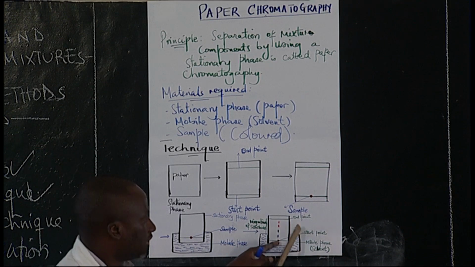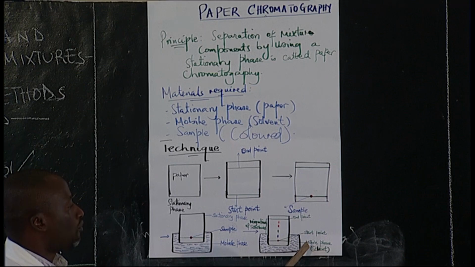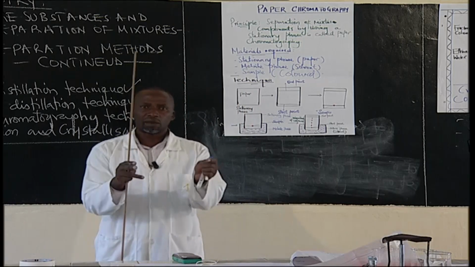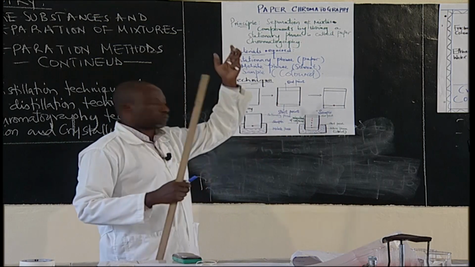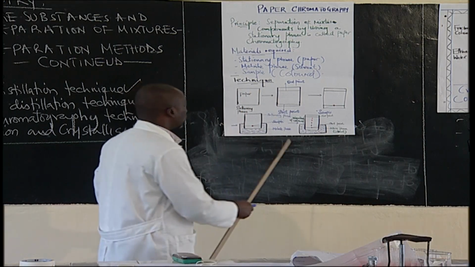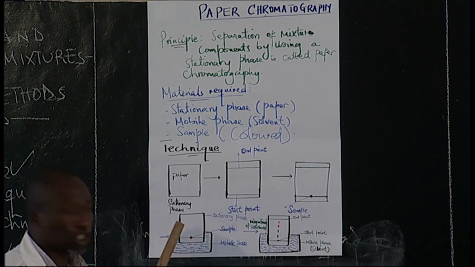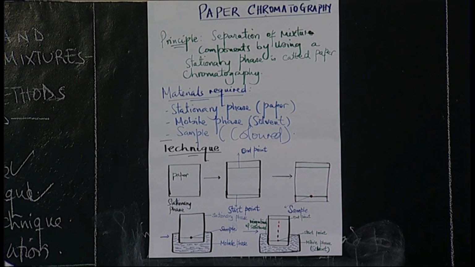The materials within the mixture at the start point will start moving up. We call it a vertical method. It will start migrating up. This migration will depend on the solubility of the solutes within that material. So this one uses solubility.